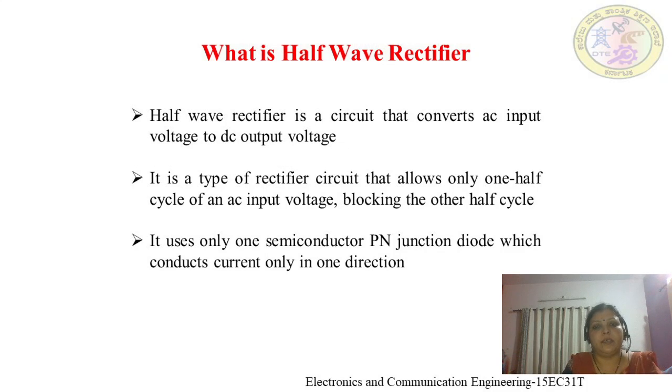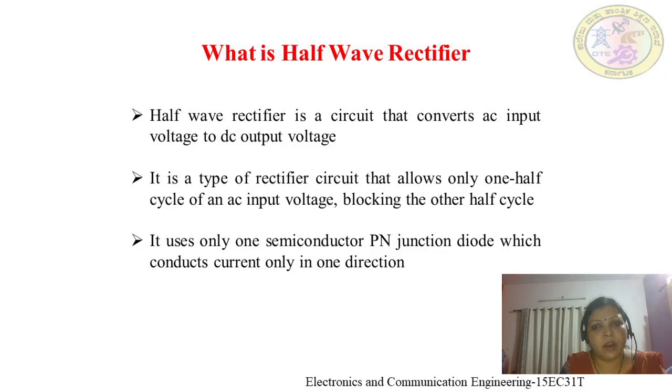The type of rectifier we are discussing in detail in this session is the half wave rectifier. Again, it is a rectifier which converts AC to DC. That applies to all types of rectifier: irrespective of the type, a rectifier's primary function is to convert AC input voltage to DC output voltage. So is the half wave rectifier.